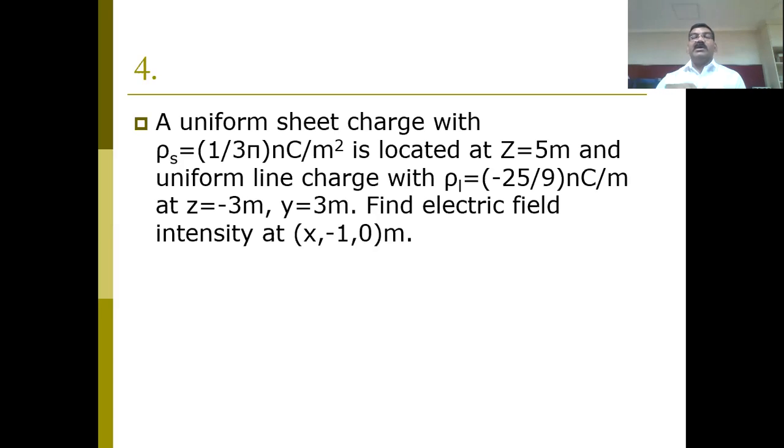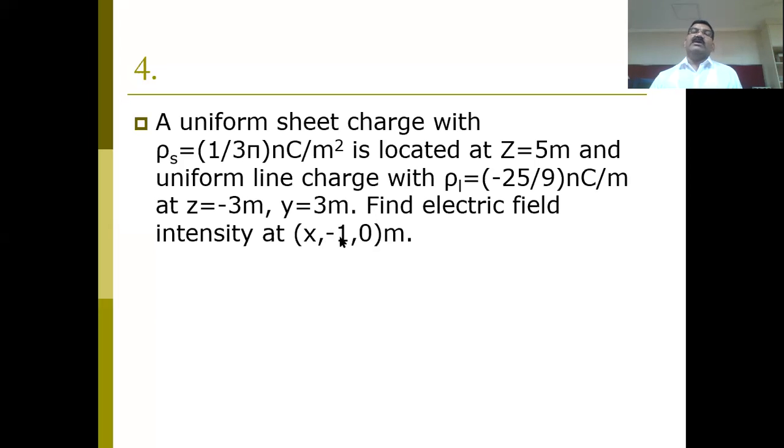The vector will be x minus that particular point, say z equals 5 meter. The remaining coordinates will be the same, so z equals 5 will be there, and x and y coordinates will be there.